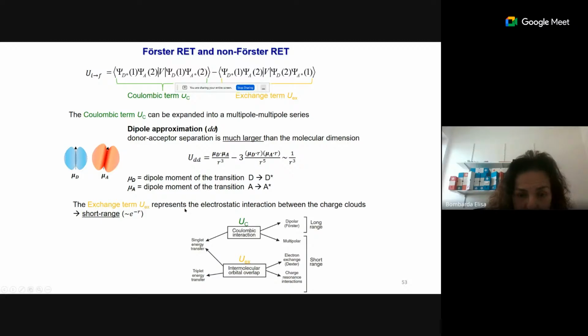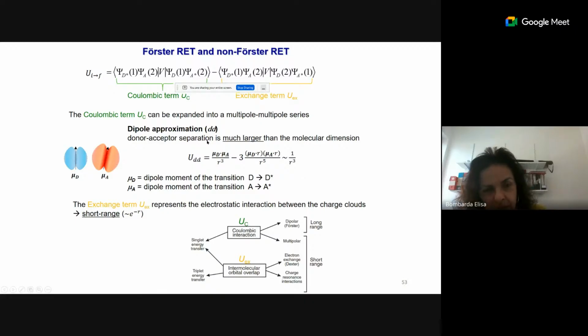The exchange term, instead, represents the electrostatic interaction between the charge clouds, and so is actually short range. In the Coulombic term, the interaction can occur at larger donor acceptor separation, larger than the molecular dimension, so we can have this approximation. Instead, to have the exchange term, we really need the overlap between the charge clouds, and so it has to be short range.